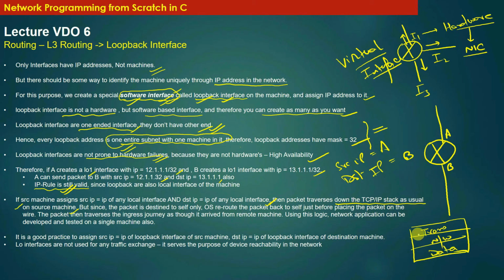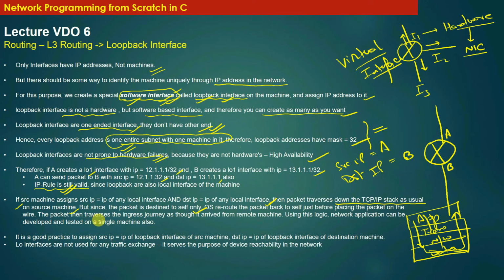So the packet will move down from the application layer down the TCP/IP stack. But since the packet is destined to self only, what will the operating system do? The operating system will reroute the packet back to self, just before the packet is placed on the wire.